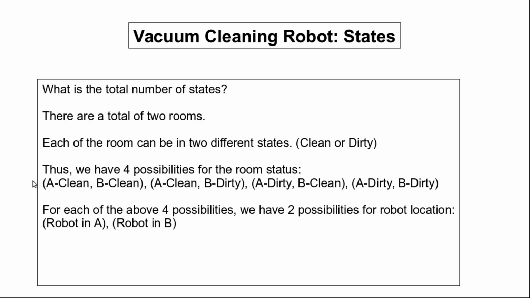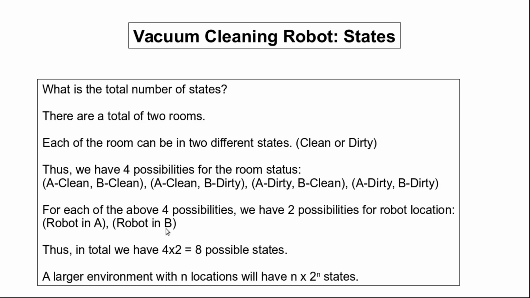So it may be that the room status is A clean, B clean, and the robot is in room A, or it may be that it's A clean, B clean, and the robot is in room B. So for each of these four possibilities, we can have two possibilities for the robot location, and hence the total number of states will be 4 into 2. So the total number of possible states in the vacuum cleaning robot example will be 8.